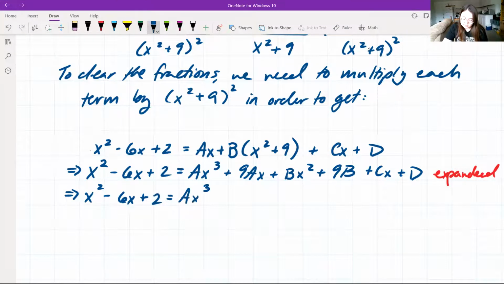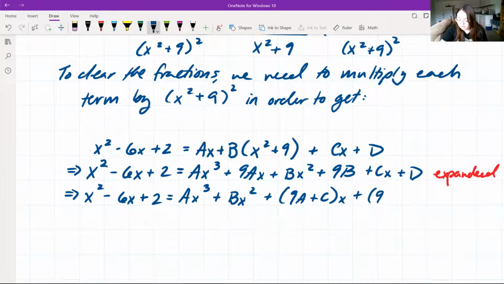So collecting our terms together, ax cubed is a single term, same with bx squared, but we have two x terms, so we'll group them to say (9a plus c) times x. And our single constant terms we have as well. So we'll group those to get 9b plus d.